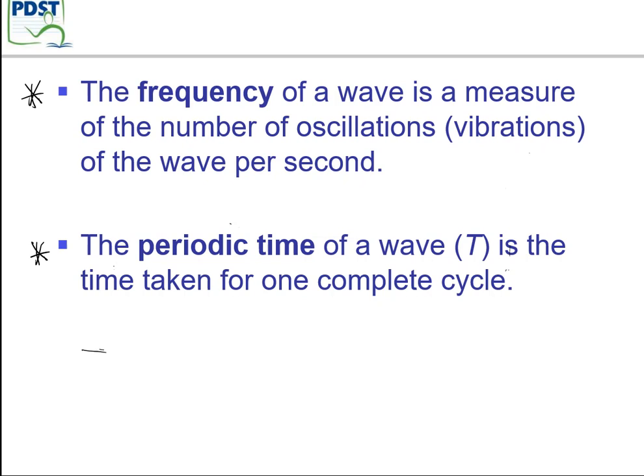So if I draw this normal wave, I'll have my cycle starting from here, making half a cycle here, and a full cycle here. So the time it takes for one wavelength, the time from here to here, is called periodic time.